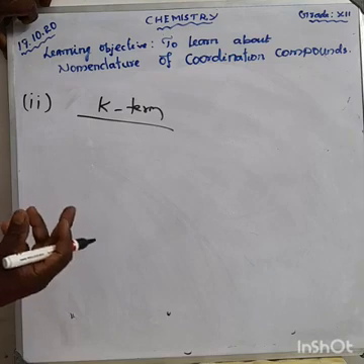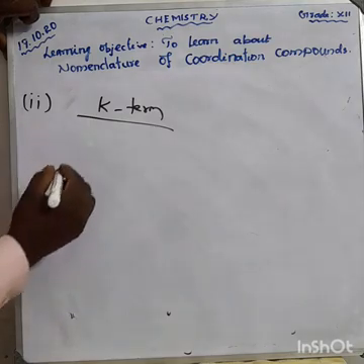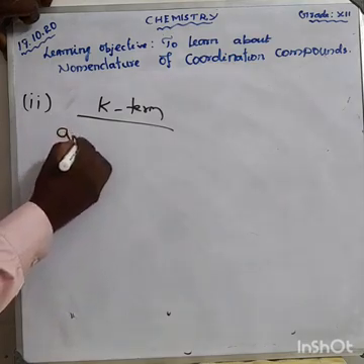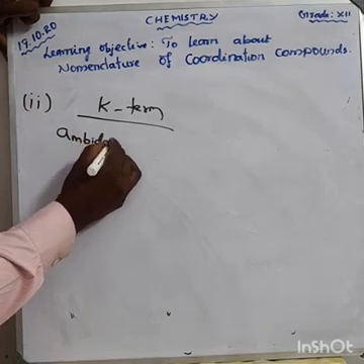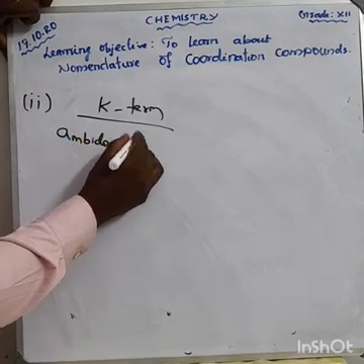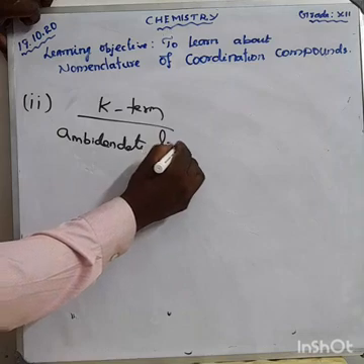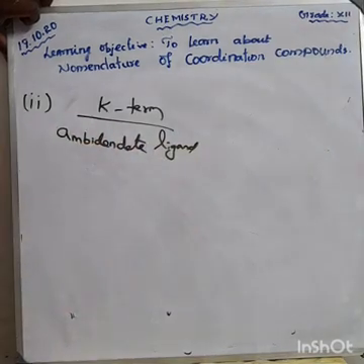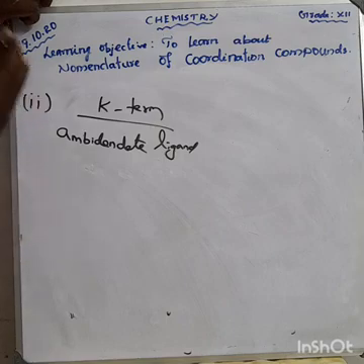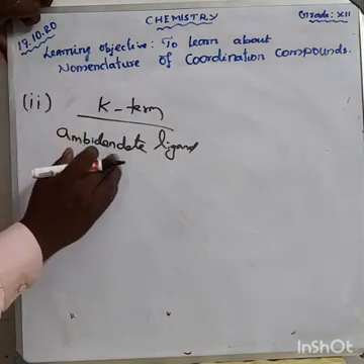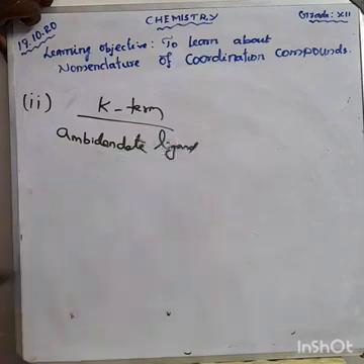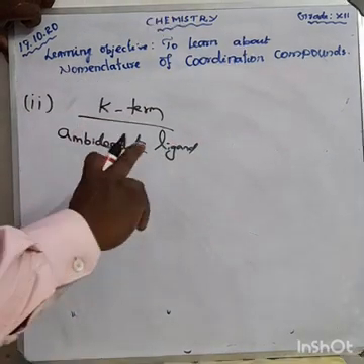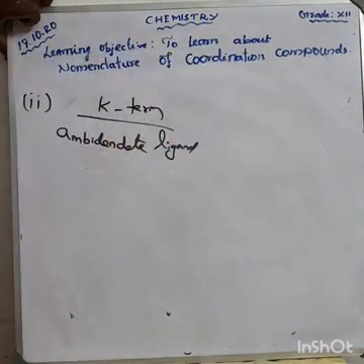Where we use this K term, it means we are using an ambidentate ligand. What is an ambidentate ligand? It is a ligand in which more than one coordination is possible.